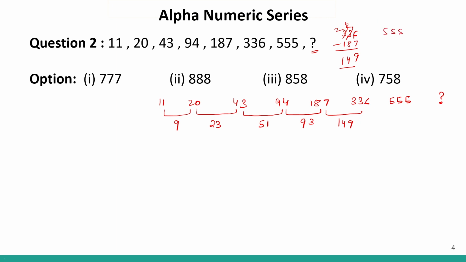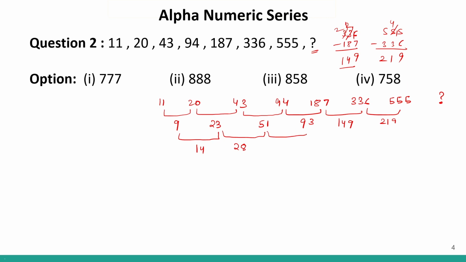Similarly, 555 minus 336. This difference is 219. Correct? Now, the difference between 9 and 23 is 14. The difference between 23 and 51 is 28.